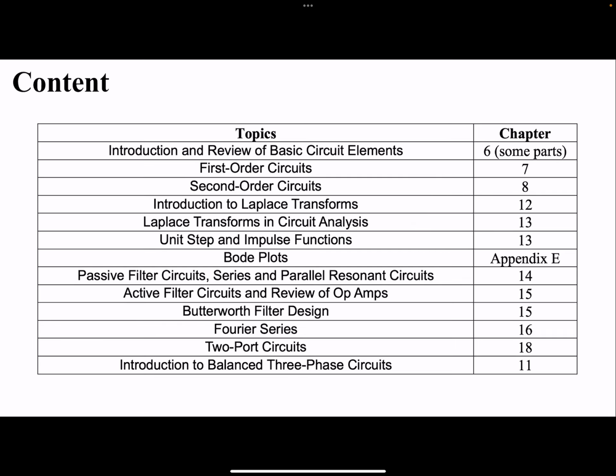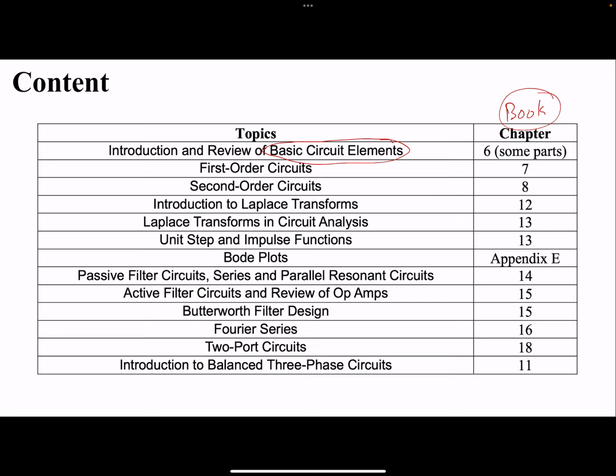Okay, moving on. Here is a slightly more detailed overview of what chapters we will cover directly from the book. We won't cover the full chapters, but parts of the chapters. Other than this overview, the first lecture, I'm going to upload another video recorded lecture providing a quick recap of the basic circuit elements: resistor, inductor, and capacitor.